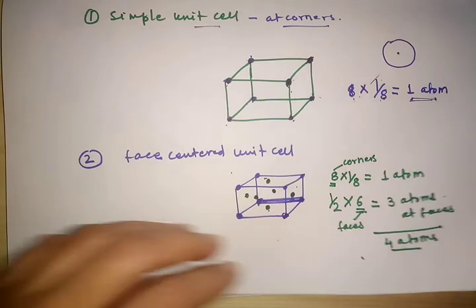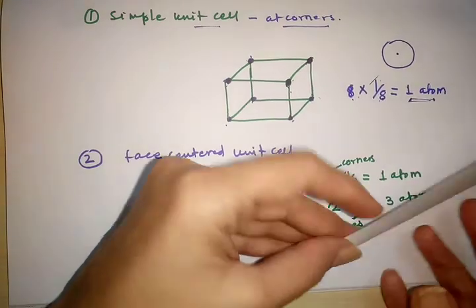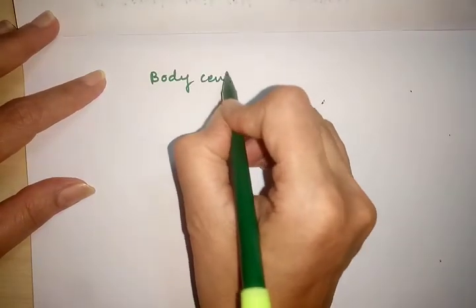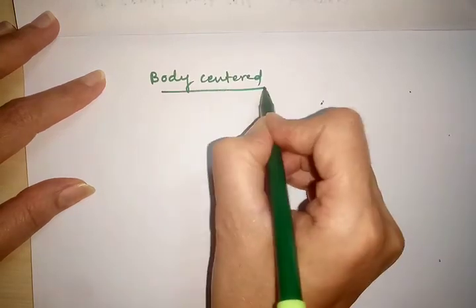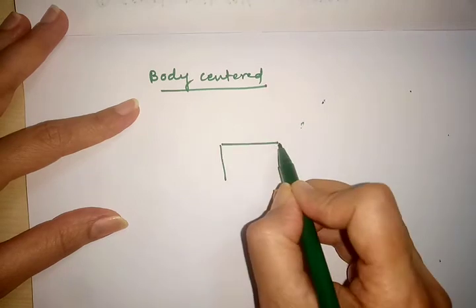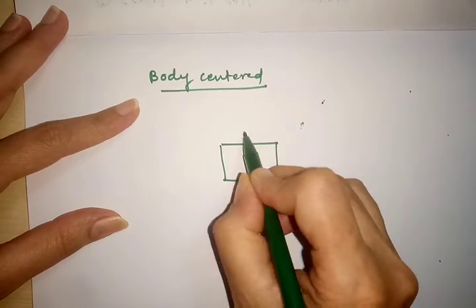Now next is the body centered cubic cell. So in case of the body centered cubic cell, you can draw again here the cubic cell.